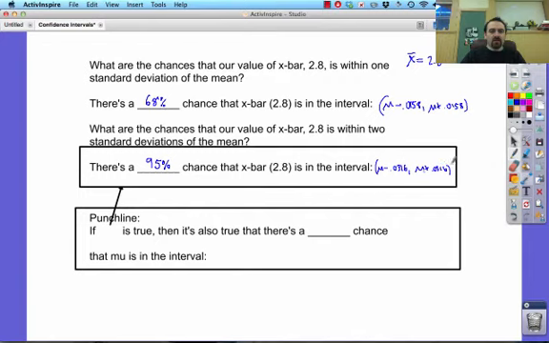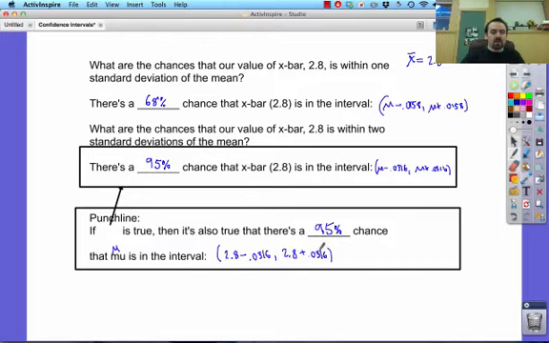If this statement is true, then it is also true that there's a 95% chance that mu is in the interval from 2.8 minus 0.0316 to 2.8 plus 0.0316.